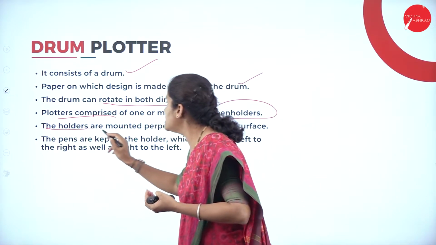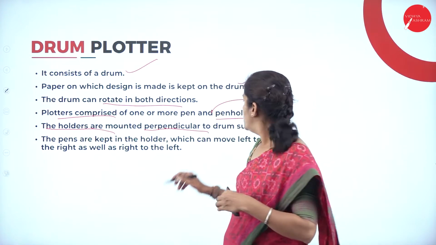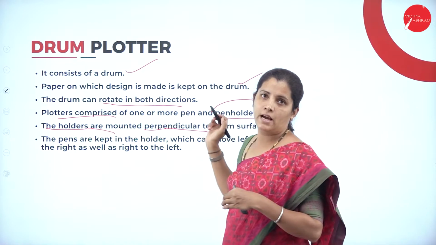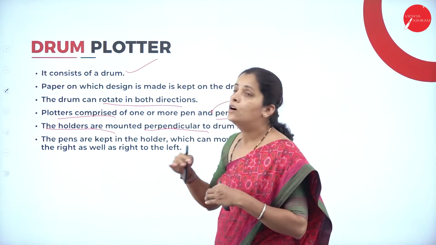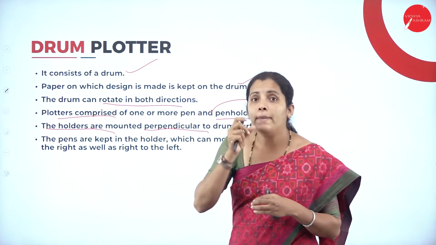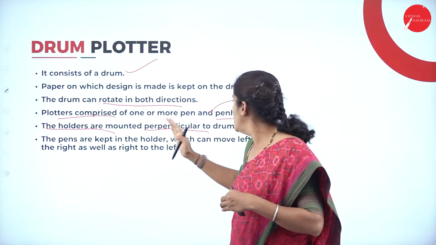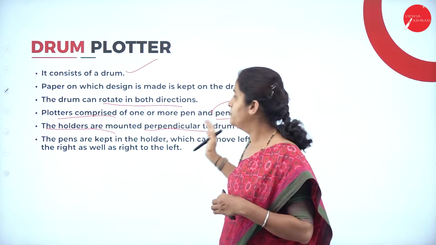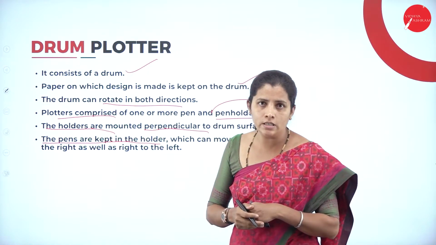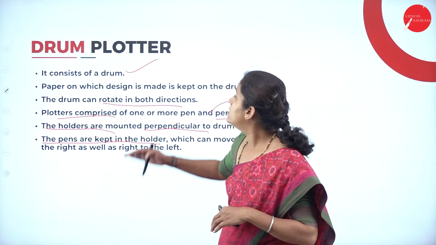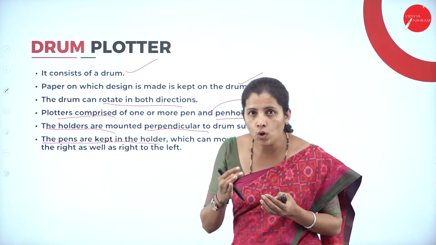The holders are mounted perpendicular to the drum surface. In a drum plotter, the pen holders are mounted perpendicular to the drum surface. Then the pens are kept inside the pen holder.